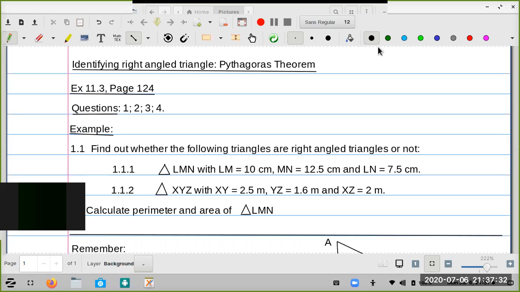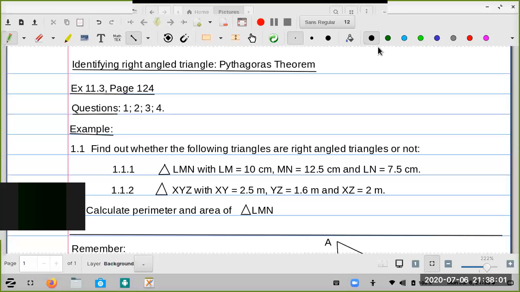Now, you're going to do exercise 11.3, that's on page 129, and the questions that you're going to answer are questions 1, 2, 3, and 4. Now, I have an example here that we are going to make use of so that we understand how to make use of Pythagoras theorem to identify right-angled triangles.